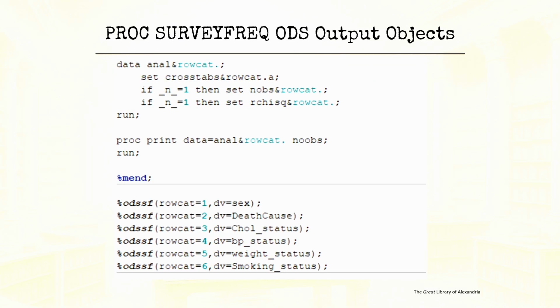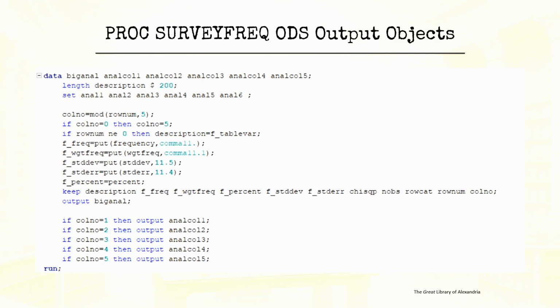And then next, we're going to set in some variables that are applicable to everything. And we're going to do the different data sets, format and re-output into separate groups.